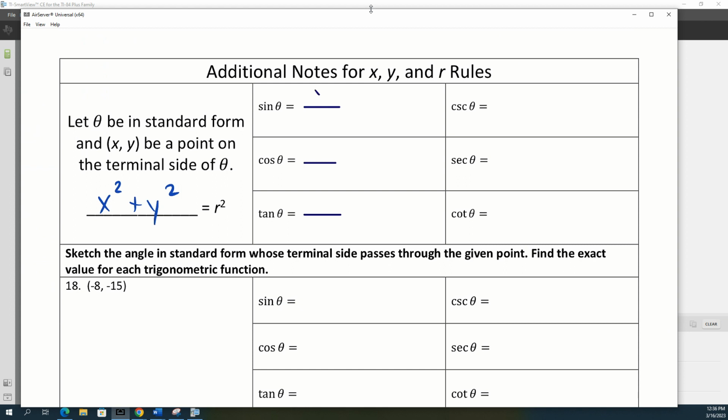So again, sine is y over r, cosine is x over r, and tangent is y over x. And then we can do the reciprocals of each of those for the cosecant, secant, and cotangent.